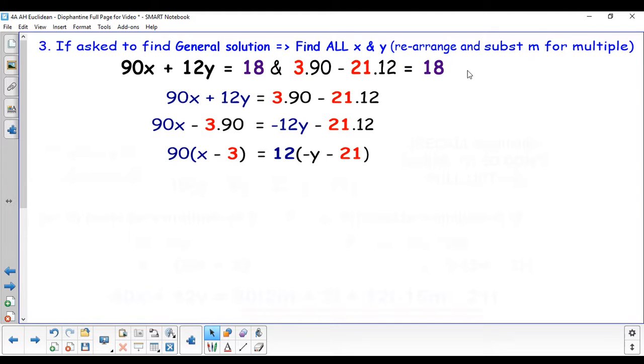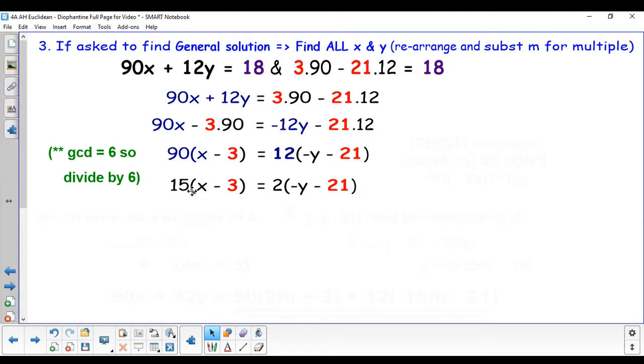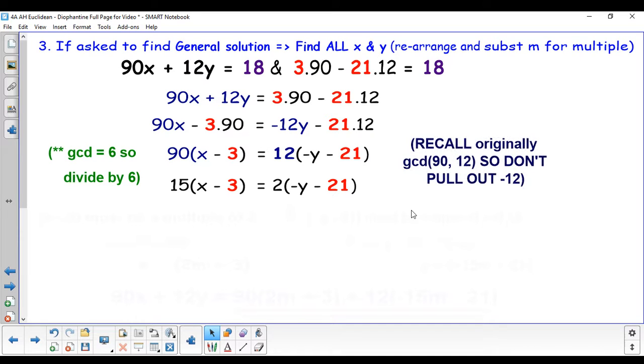What else do you know? You know the greatest common divisor was 6, so divide both sides by 6. That means it's 15 times something, and it's equivalent to this. So this is 2 times a multiple of 15, and equally this is 15 times a multiple of 2. You knew about that before as well. Recall, don't pull out minus 12, it's a 12 there and not a minus 12.